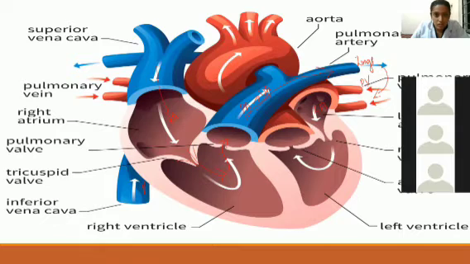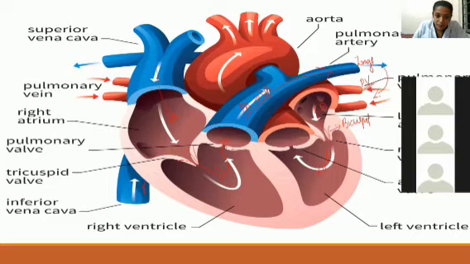This is also a question: the veins which carry oxygenated blood are the pulmonary veins. From the left atrium the blood goes to the left ventricle, and in between the valve is the bicuspid valve or mitral valve. This is the valve in between.